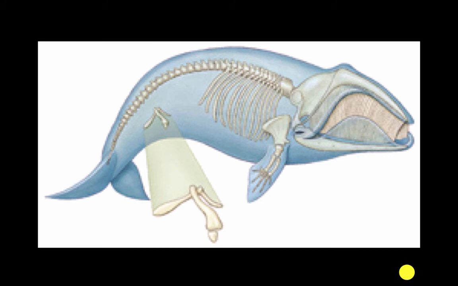So the whole point of a pelvic bone is as an attachment point for legs. Well, obviously whales don't have hind legs, so what is the deal with them having a pelvic bone? Well, they evolved from organisms that did have hind legs and actually walked on the land. And so although the legs have gone away as they've adapted to the water, the pelvic bone remains as a vestigial structure.